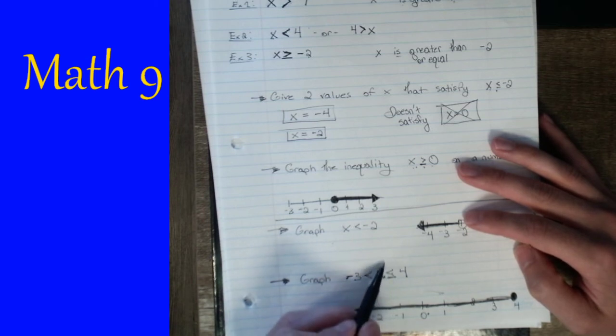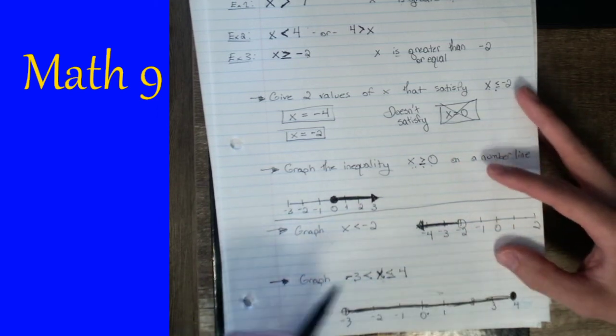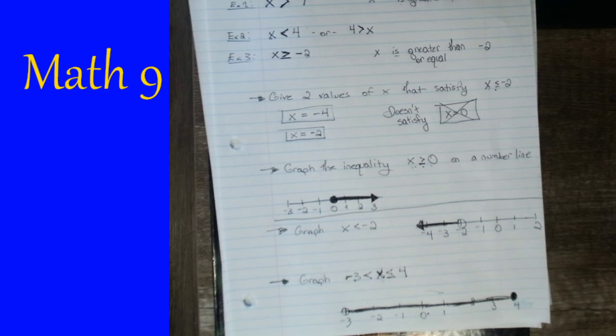Well, it's less than, so 0 satisfies that. Is 0 greater than -3? That's also true. So that's why I read this as x is in between -3 and 4. But it's not allowed to actually be -3, whereas it is allowed to be 4. I hope that makes sense, and that should be everything you need to know for inequalities.